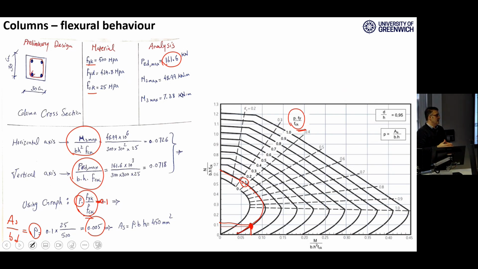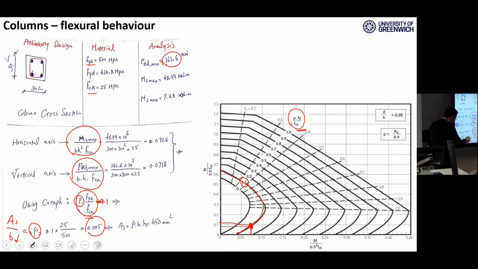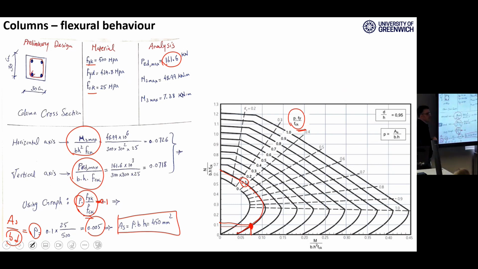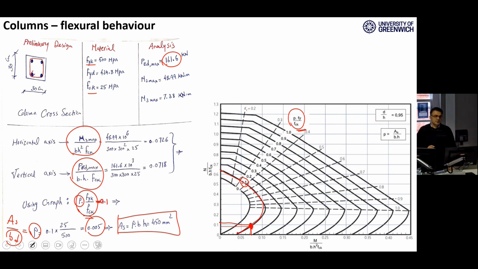AS is in square centimeter, square millimeter, whatever your dimension is, and BD is in the same unit, so rho is dimensionless, right? So when rho is 0.005 and you have BD, you can easily calculate AS equal to 0.005 times BD. So you will get AS equal to 450 square millimeter.